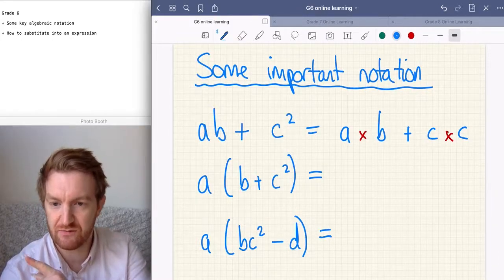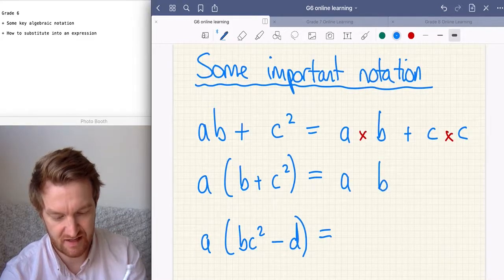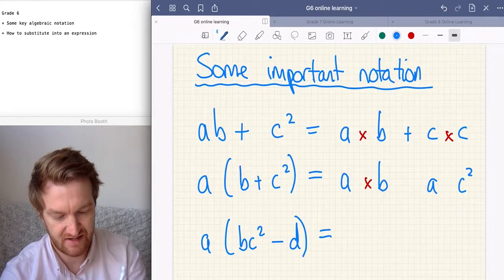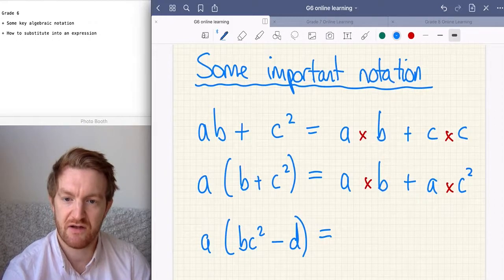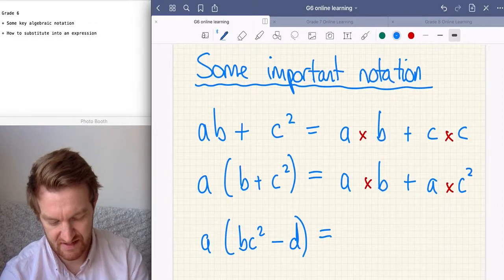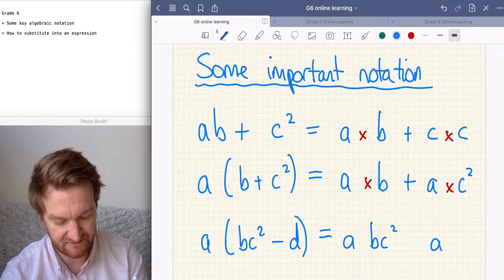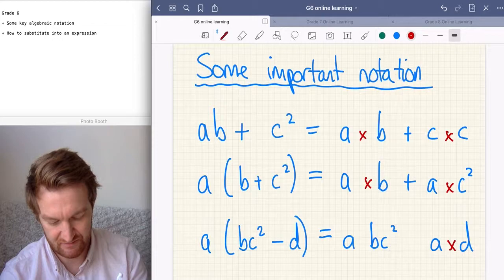Remember your BIDMAS, order of operations. Here we've got an A times the B. We've also got A and the C squared, and they're timesing together, combining them like so. Finally, we've got A times B, C squared, and A times the negative D. We're timesing that together.